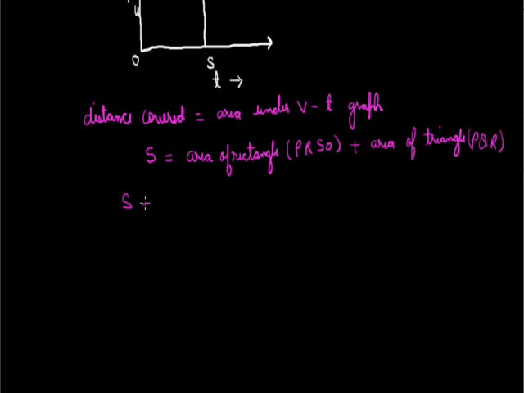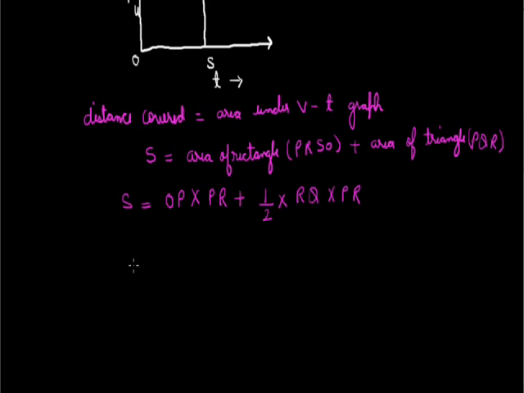Area of rectangle is length into breadth, so it will be OP into PR. And area of triangle is half into base into height, so it will be half into RQ into PR.